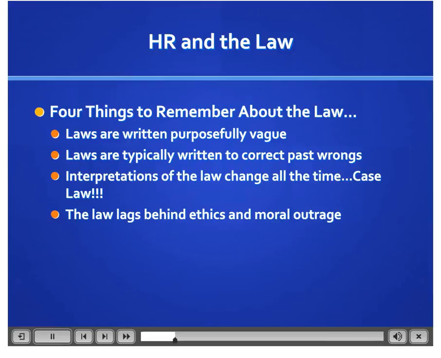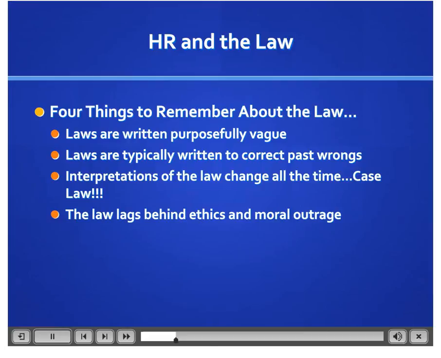Lastly, the interpretation of the laws will change all the time. That's how our case law works. And sometimes the interpretations will drift away from the intention of Congress, and we'll talk a little bit about that as well in a few moments. But Congress many times comes back when it does amendments and says, no, there seems to be some misunderstanding in the way the courts have been interpreting this, and we want to make it clear this was our intention in writing this law.